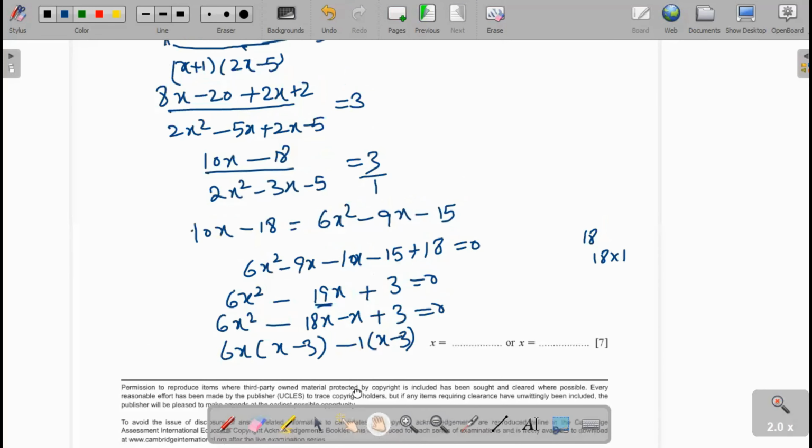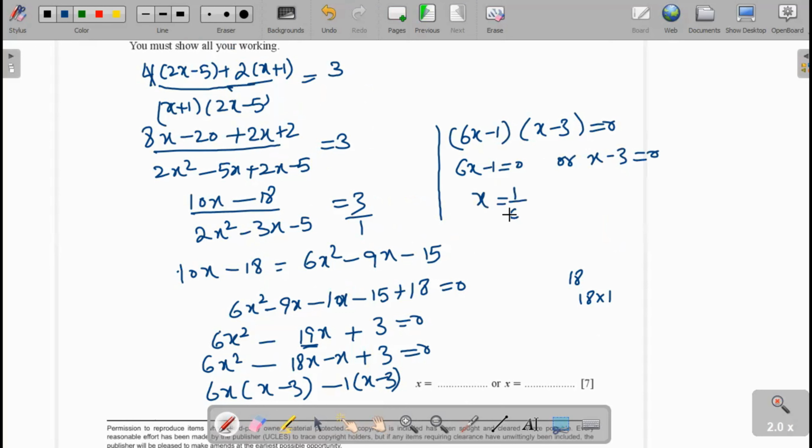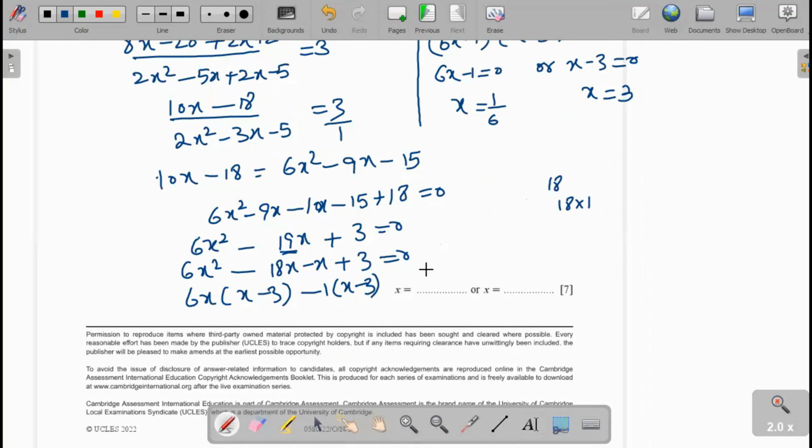Now two factors here: 6x minus 1 into x minus 3 equal to 0. These are two factors. Now we can write 6x minus 1 equal to 0 or x minus 3 equal to 0. That is x equal to 1 over 6, or x equal to 3. And this is the answer: x equals 1 over 6, and x equals 3.